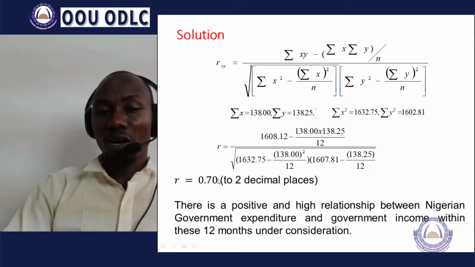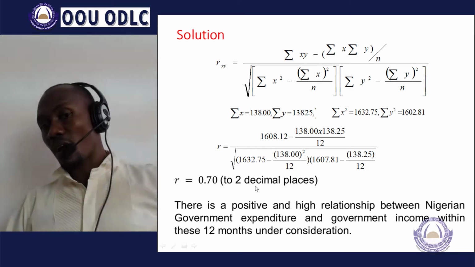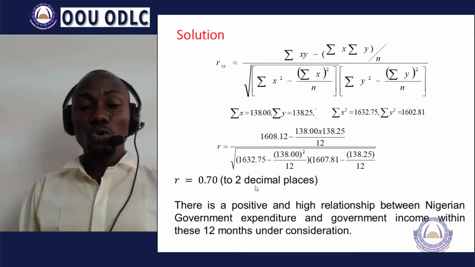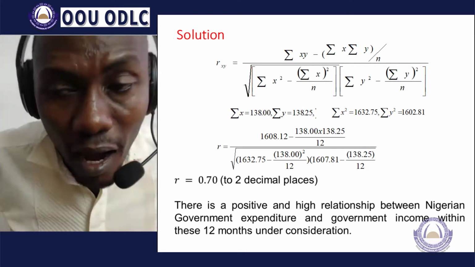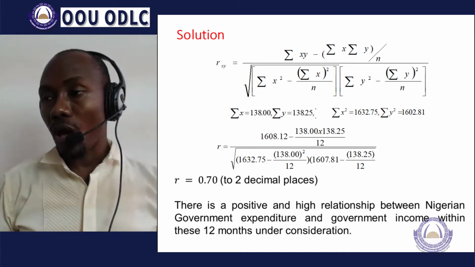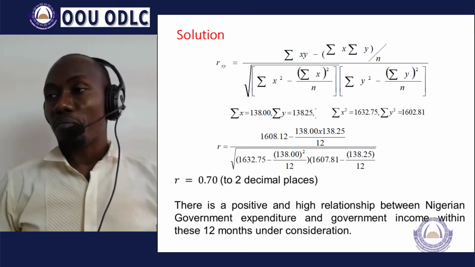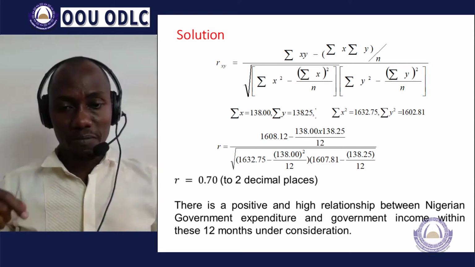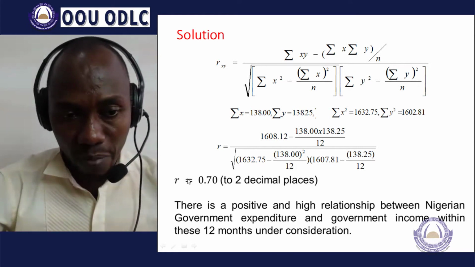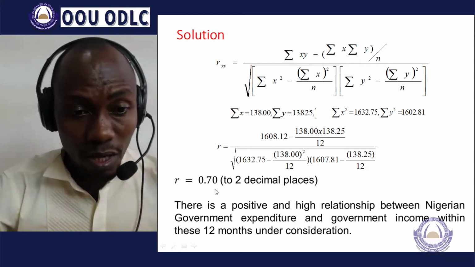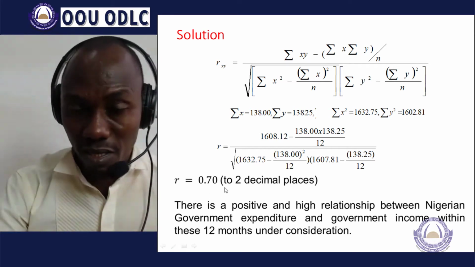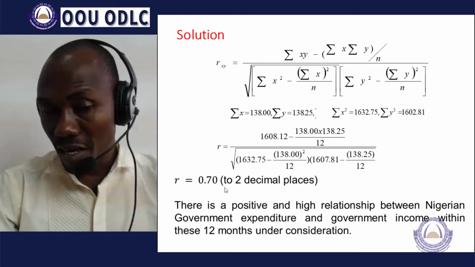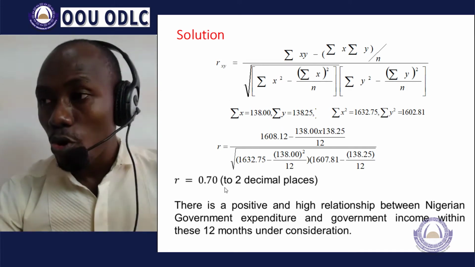By further simplification, you obtain r to be equal to 0.70 to 2 decimal places. Two things you observe about the value of r here: the value is positive and the value is high. 0.7 is close to +1.